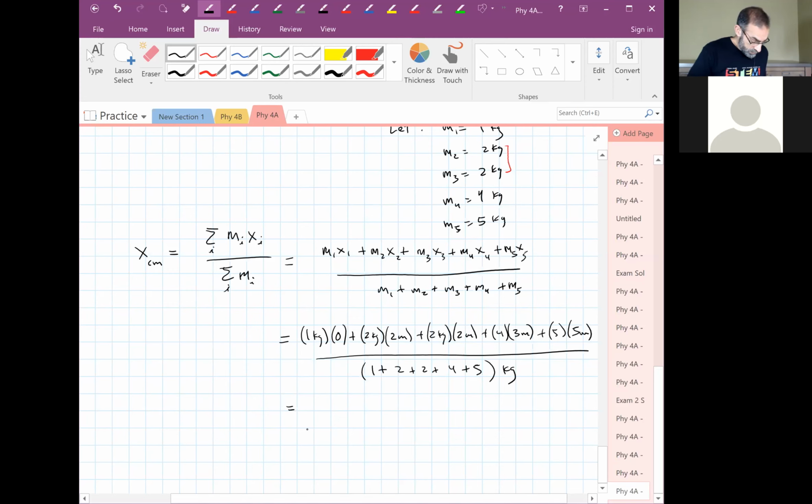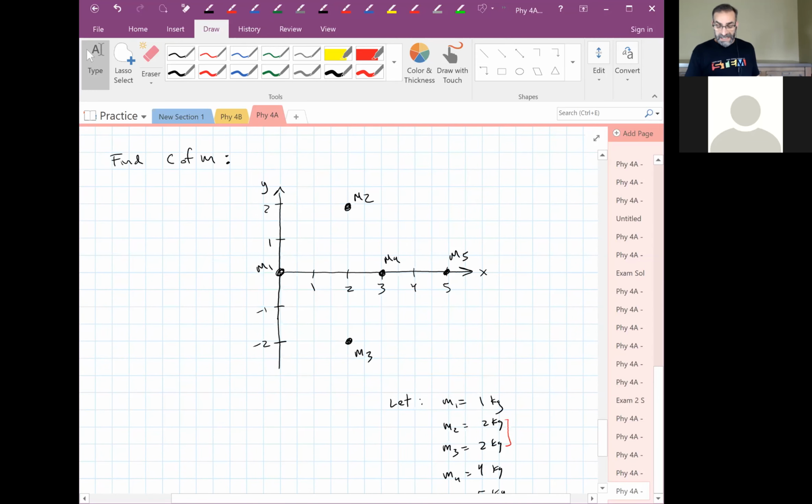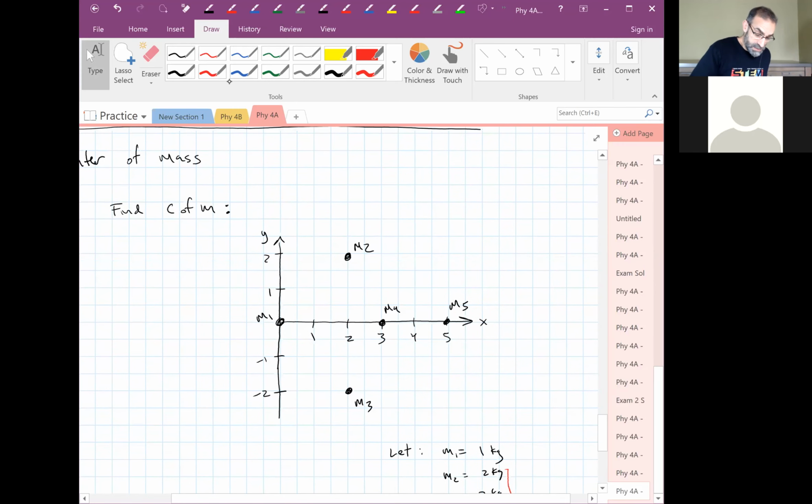And so what do I end up with here? I end up with 0, 4, 4, 12, and 25 over the total mass of 14. Units are meters. 3.21 meters. So the center of mass of this system, sort of the weighted average of where all the mass is located, is somewhere on the line here, x equals 3.2.